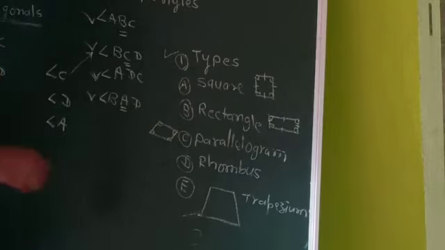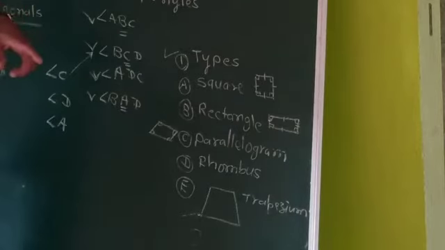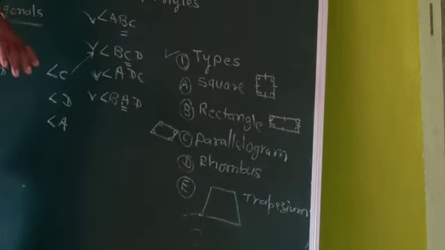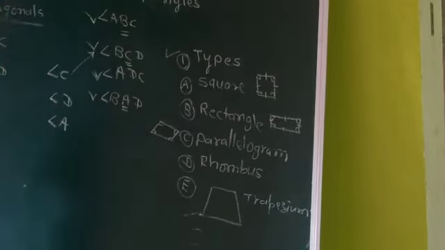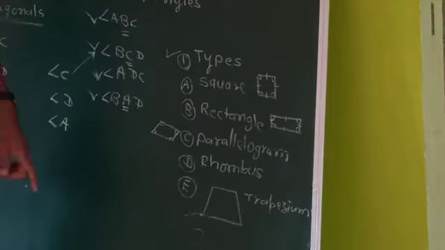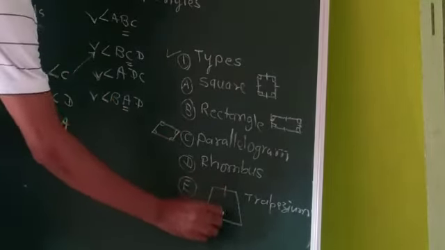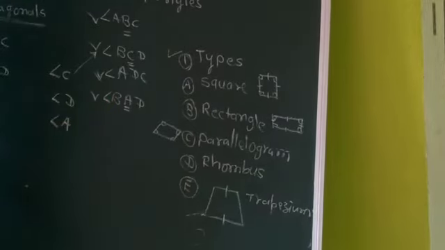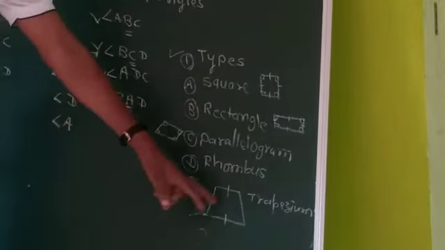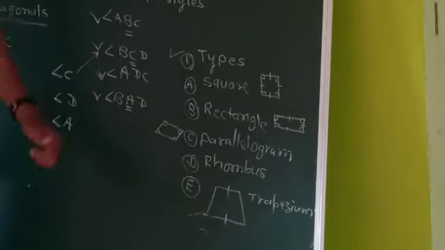This is the figure of a parallelogram. Rhombus, all sides are equal, opposite sides are parallel. And trapezium, like a swing that children play on. One pair of opposite sides is parallel to each other, and the remaining sides can be of any measure.